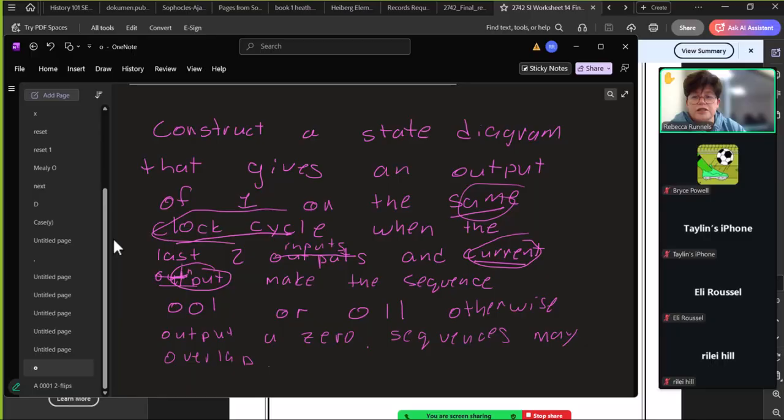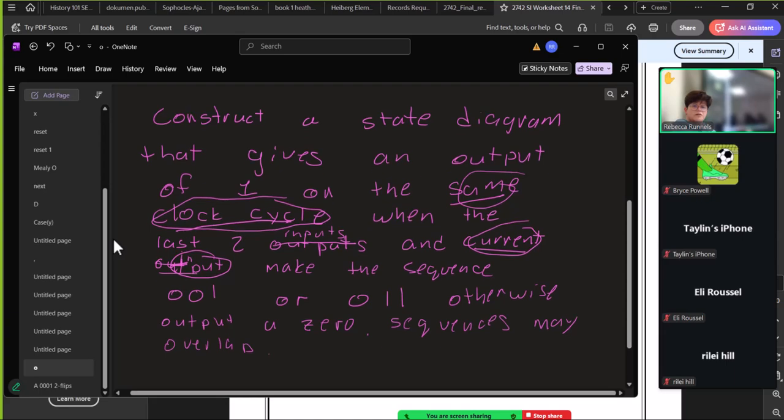Those are the keywords that tell you Mealy. Next clock cycle and previous number of clock cycles would be Moore. It would not include current input. Your state diagram for a Mealy always has fewer states than for a Moore. Mealy's always fewer than a Moore. So if that was a true-false question.